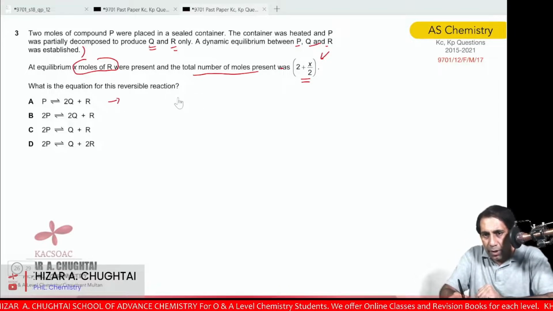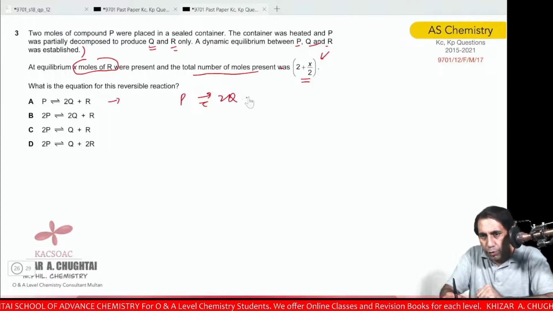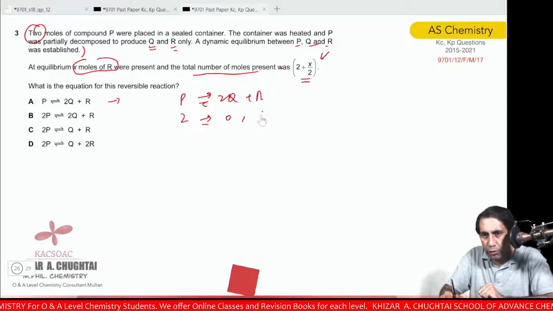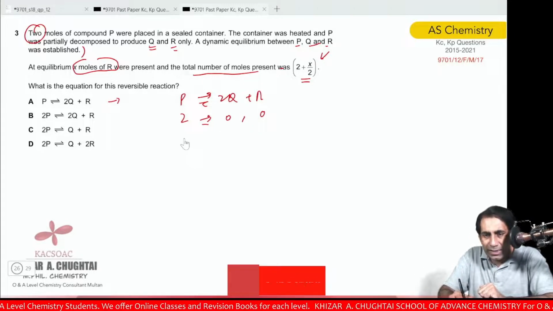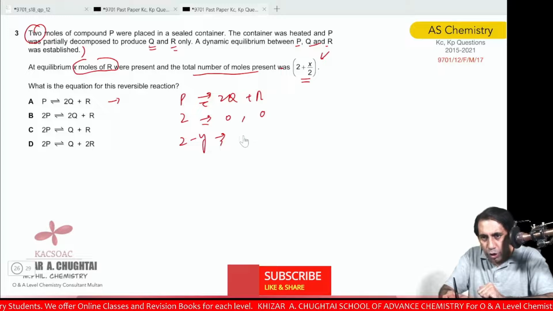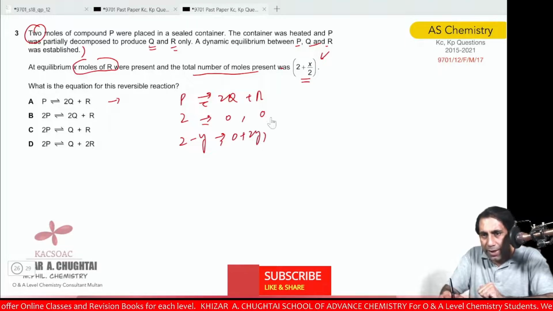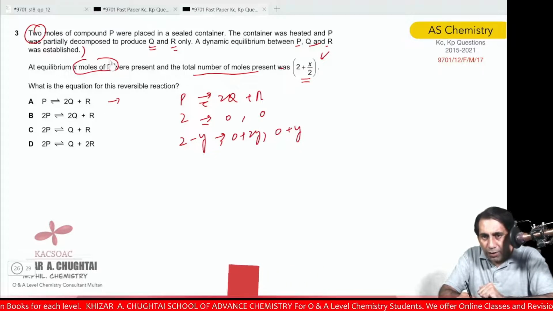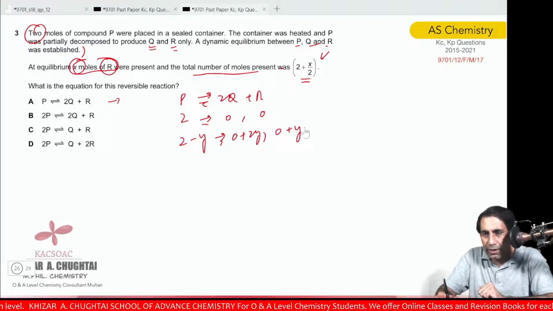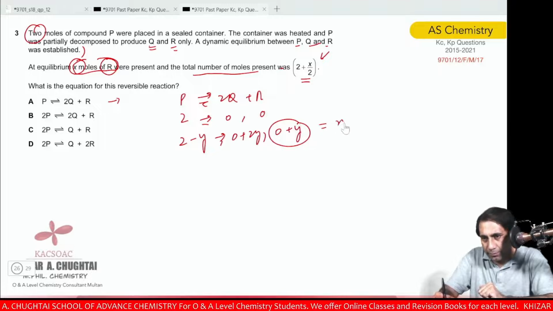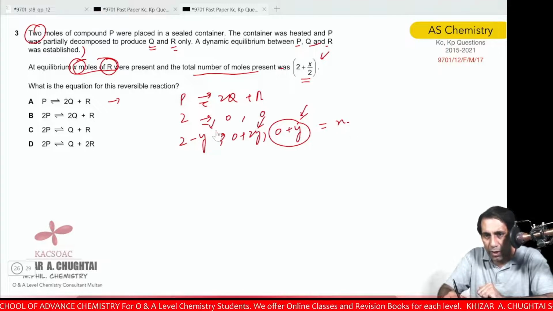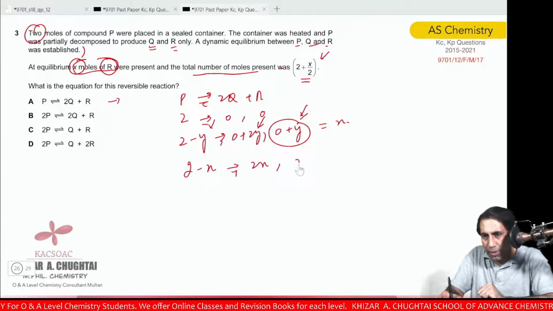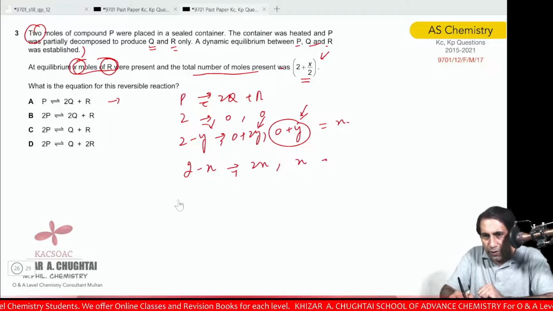Number 1, P goes to 2Q plus R. Initially 2 moles of P is over here, 0 mole of Q, 0 mole of R. At the time of dynamic equilibrium, 2 minus Y goes to 0 plus 2Y, and R, 0 plus Y. At the stage of dynamic equilibrium, the mole of R is equal to X, so it means that Y is equal to X. So put X where there is a Y: 2 minus X goes to 2X, X. And now I'm going to find the total moles.